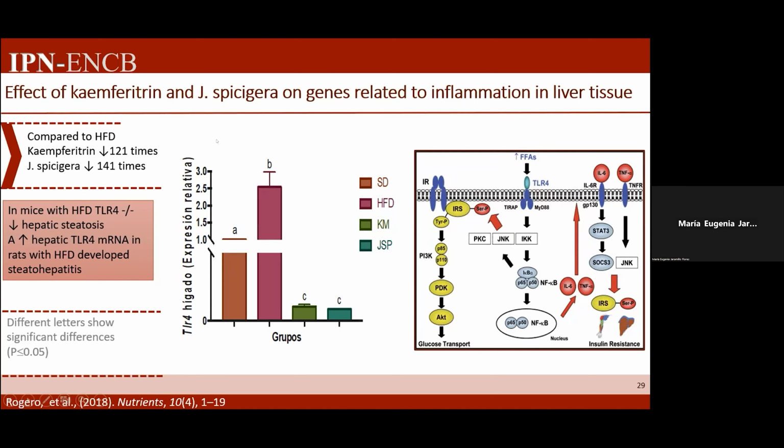As we remember, obesity is an inflammatory status and produces different kinds of pro-inflammatory cytokines, and kaempferitrin and Justicia spicigera reduce these important transcription factors that induce the pro-inflammatory status.